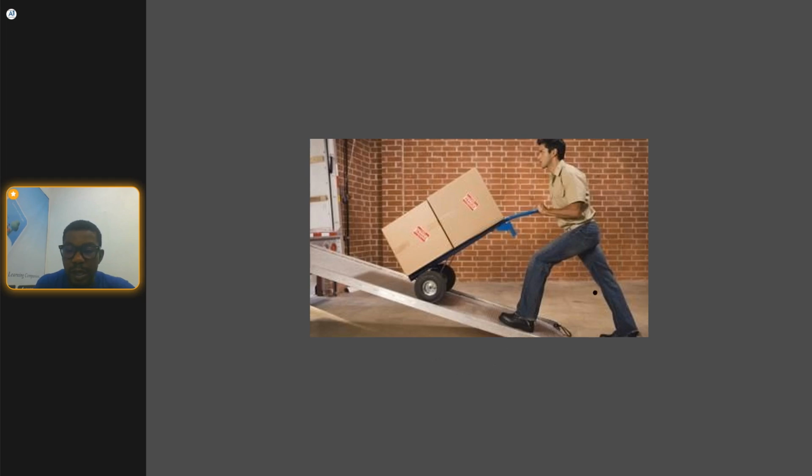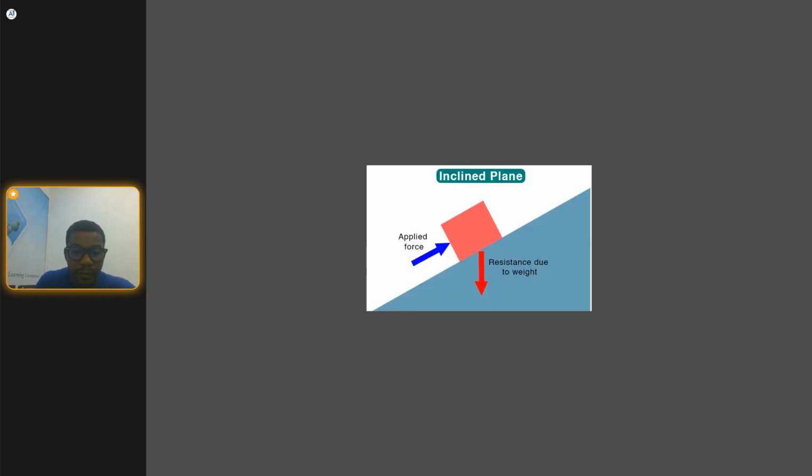So this is a good example of an inclined plane, and this is actually the concept behind the inclined plane. Here we have the load, and you have to apply a force trying to push the load to the higher level.